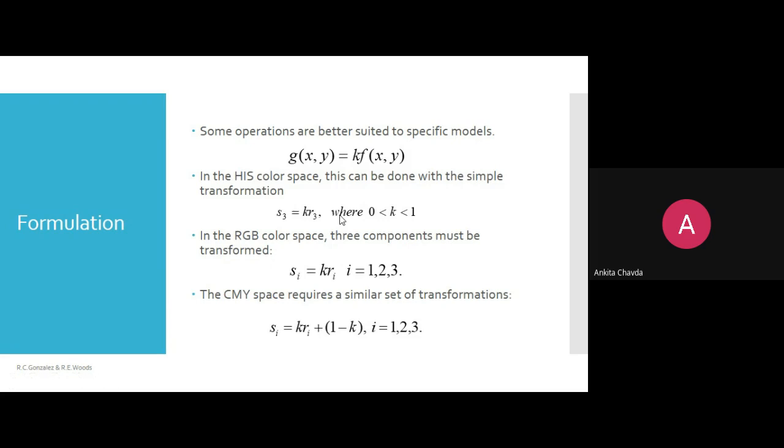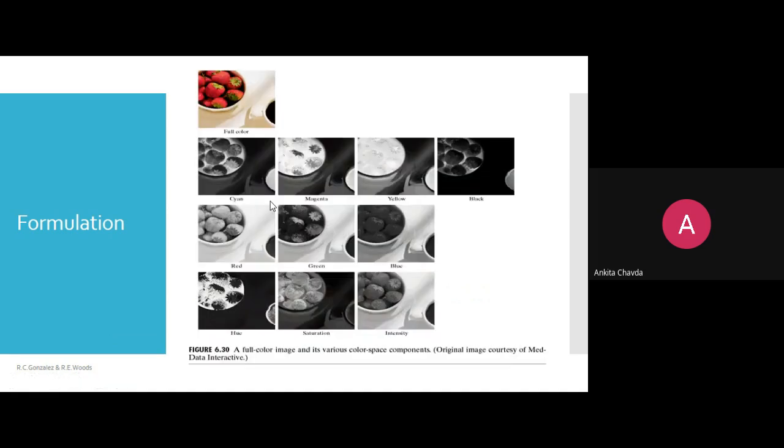I is only of your interest, that is for intensity, right? So you are directly operating on that. S3 is equal to K R3, where your value of K is between 0 to 1, that is a normalized value. So you are simply applying some value to K and you will have the transformed image, right? Because that's what we have seen in the example somewhere.